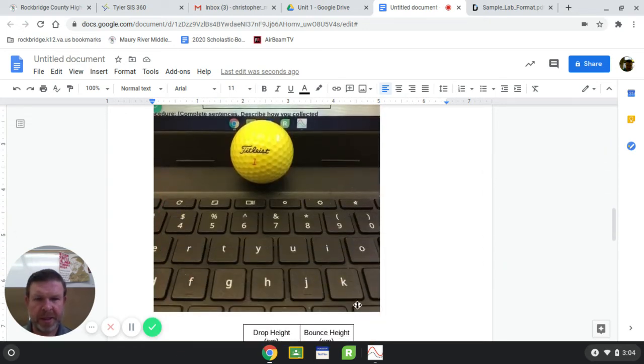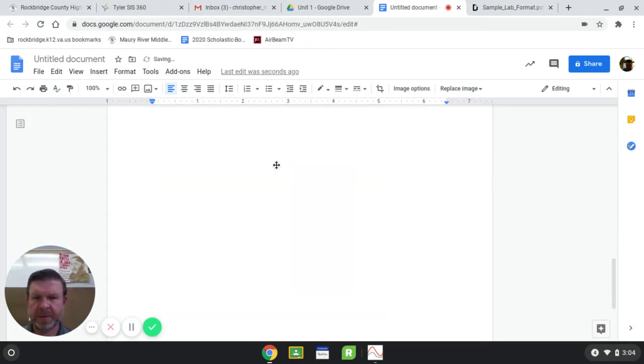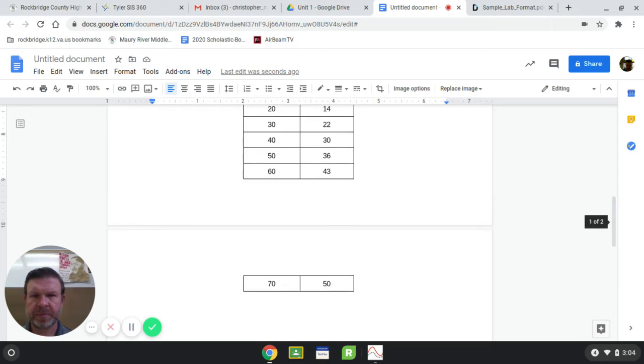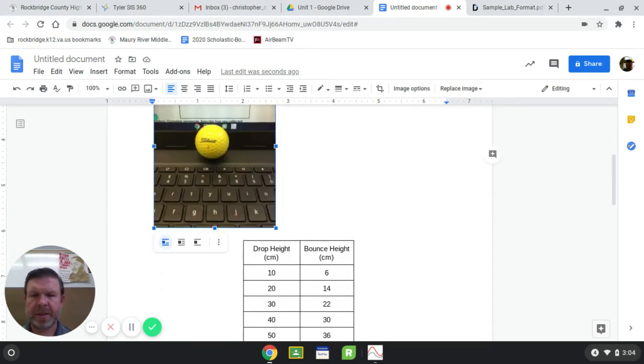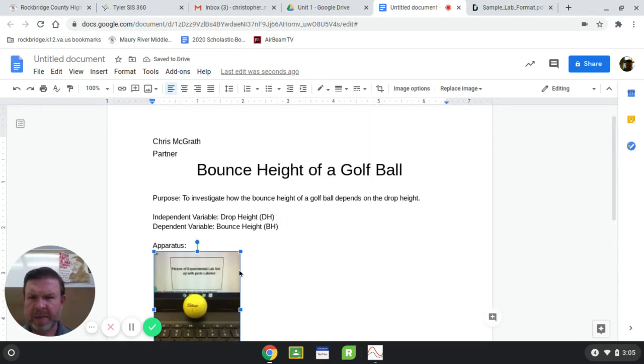All right, now that is a pretty gigantic picture of the little golf ball there. I really don't need it to be that big. So I'm going to click on that and grab that corner and squish it up so it doesn't take up so much space. There it is. And squish it up even more.